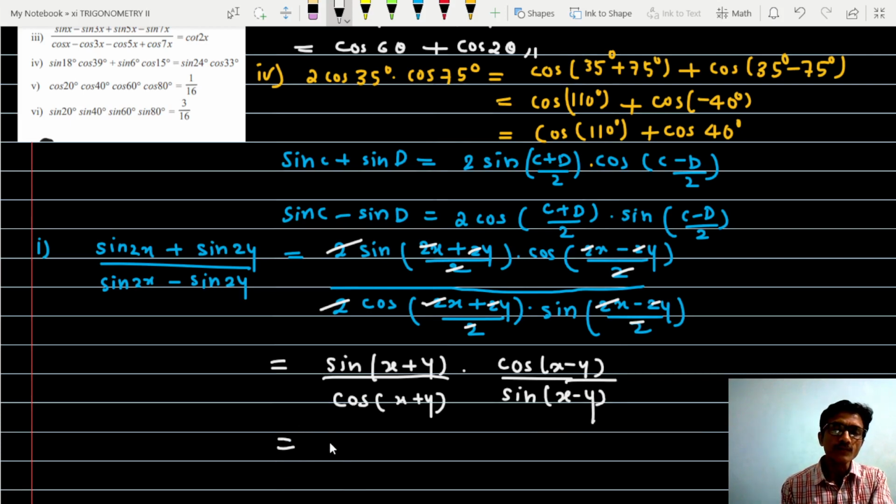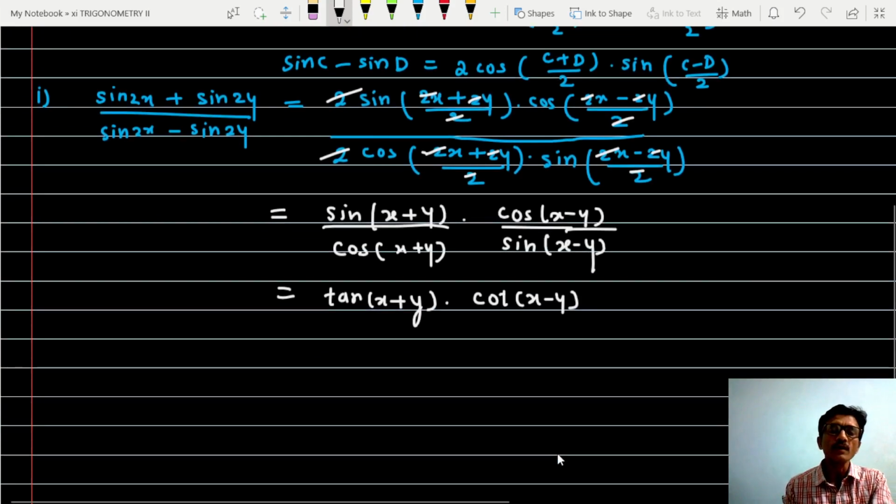Yes, this will be equal to what? Sine upon cos, we will write it tan of x plus y into, this is what, cos upon sine, so what will it be? Cot of x minus y. Cot finally we will write as 1 upon tan.